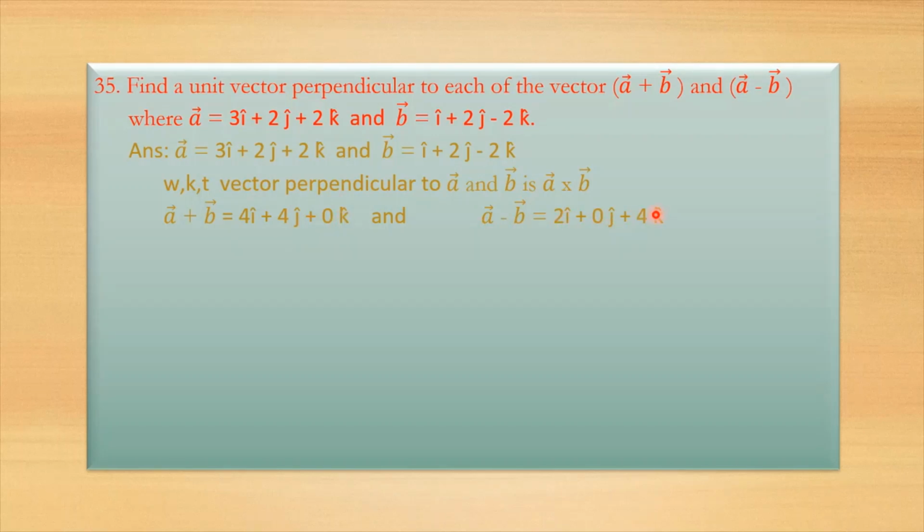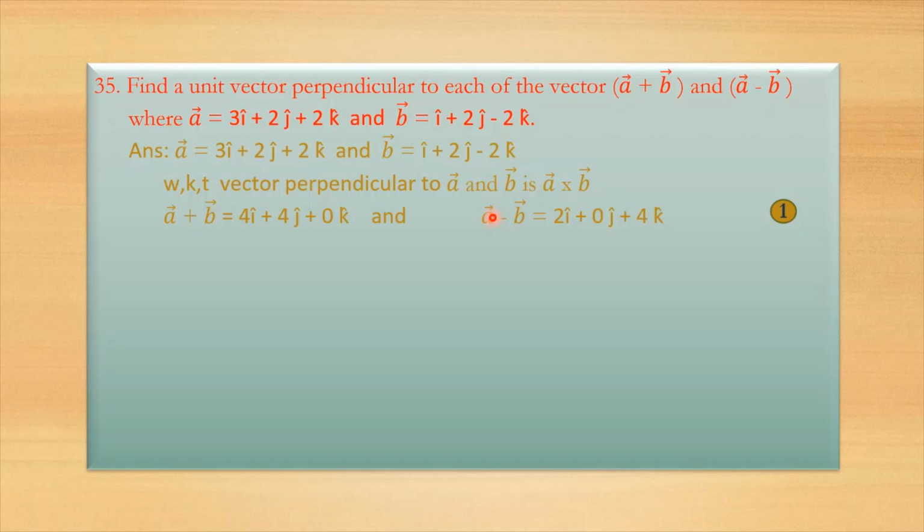After this we'll be carrying one mark. Okay. Now I need to find a unit vector. Before I find the unit vector, first let me find a vector which is perpendicular to both a plus b and a minus b. That is nothing but the cross product of a plus b and a minus b.